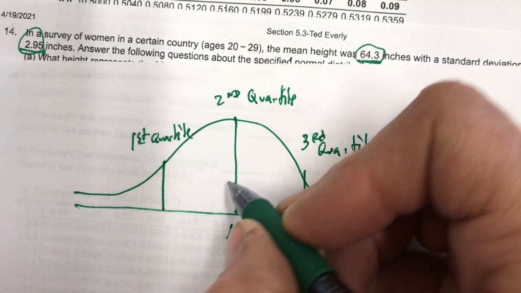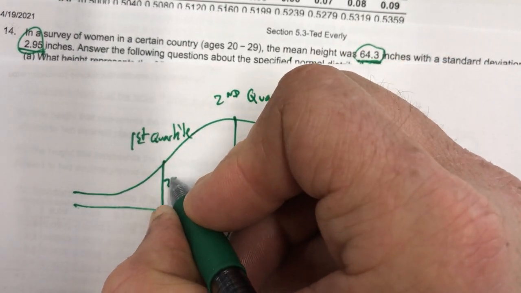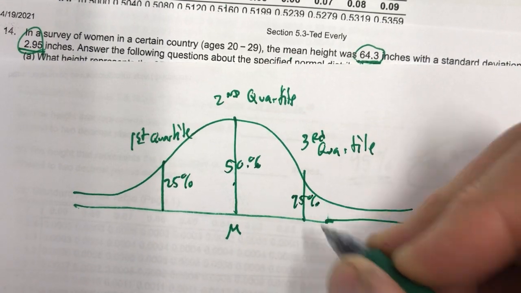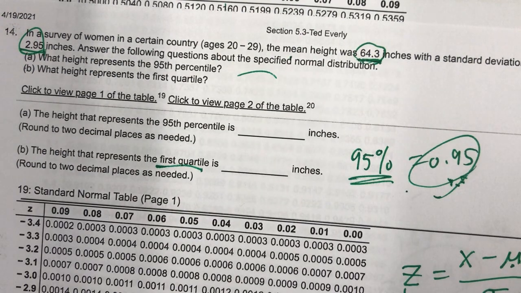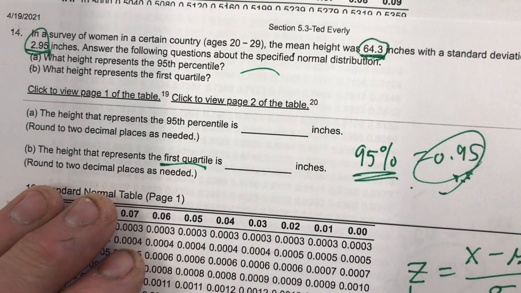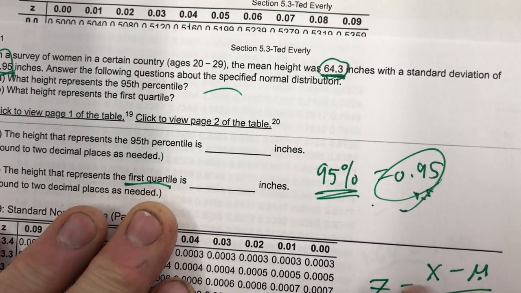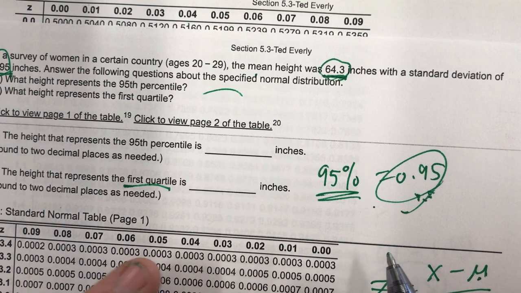So this is 50% right here. This is 25%. And this over here is 75%. And that's what our quartiles are. So this is the height that represents the first quartile. If you're in the top 25%, what would your height have to be?